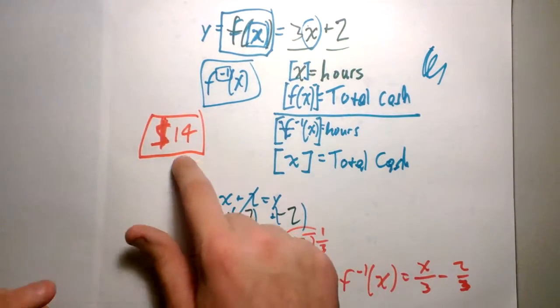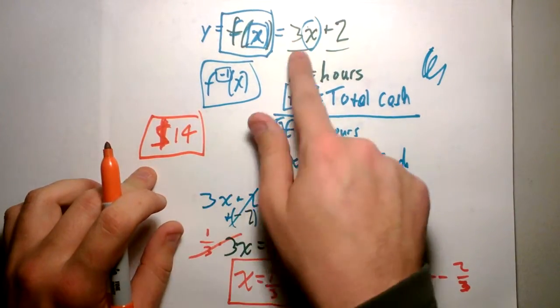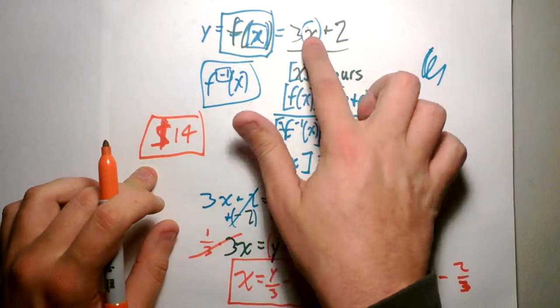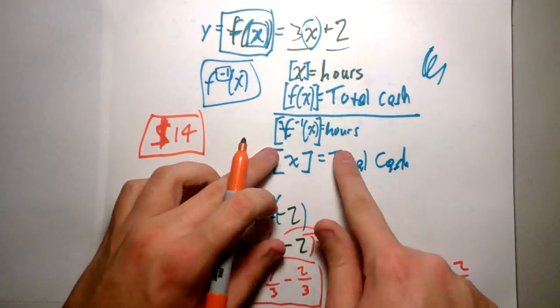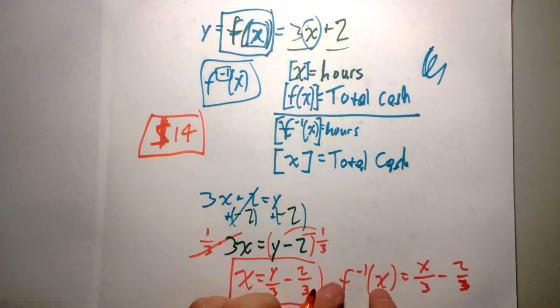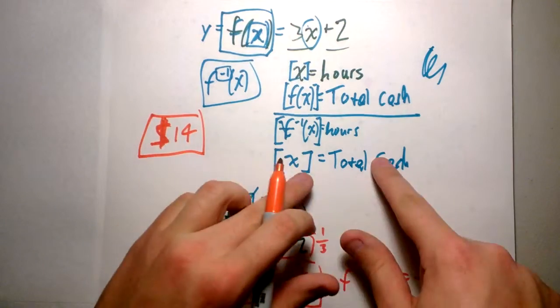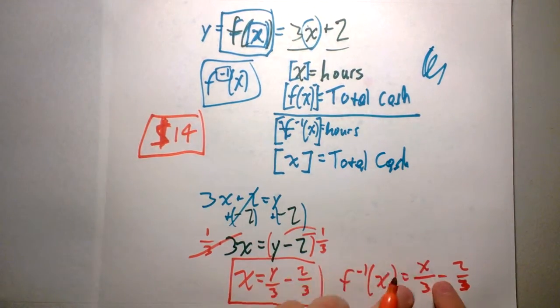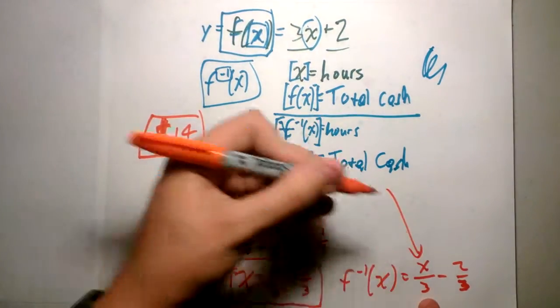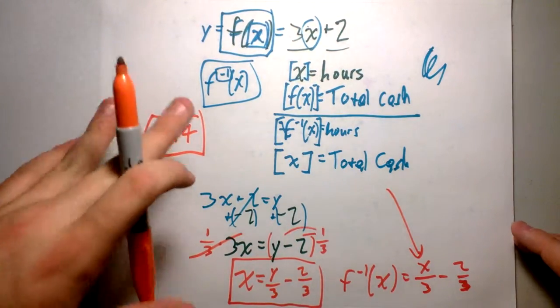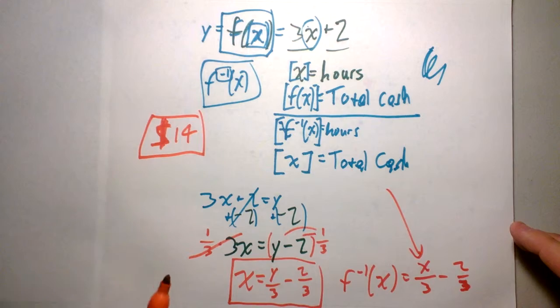After how many hours would I have $14? Well, if I plugged in this function, you'd have to rearrange stuff to solve for x. But if I plug in this one, you plug in total cash into x, and your output would be hours. So this is really useful. So now we can calculate hours based on how much money we have.